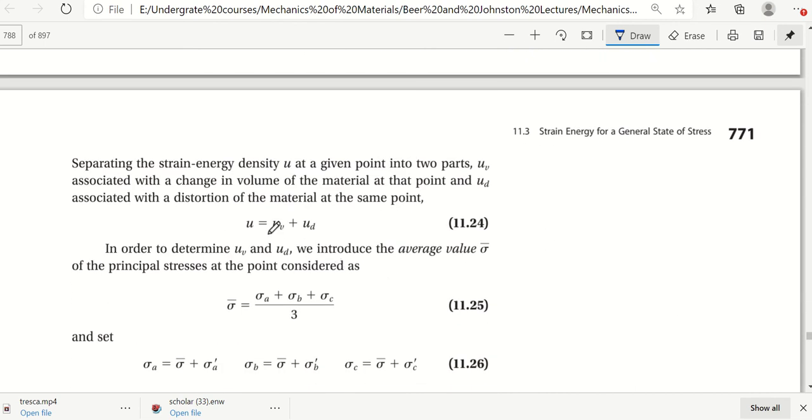One is the strain energy density which changes the volume of the material, and the other one which changes the shape of the material. So the one which changes the shape of the material we refer to as the distortion strain energy density, and the one which changes the volume of the material is called the volumetric strain energy density.